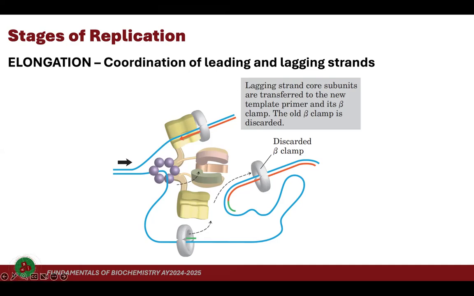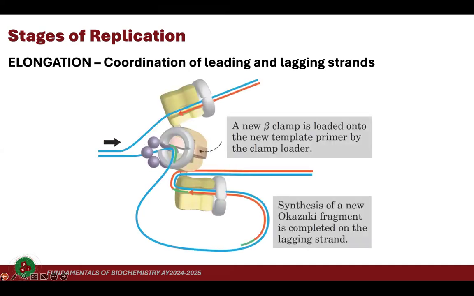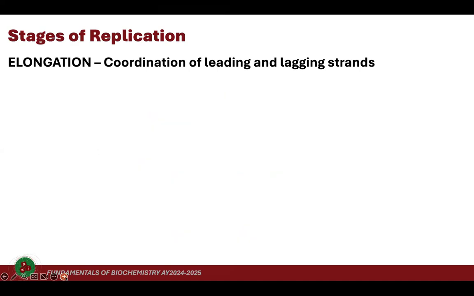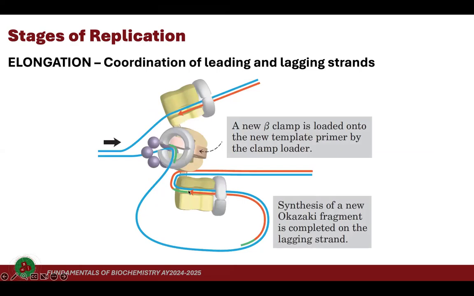Okay, so if you imagine, it's like you are pulling the template strand a bit backward with reference to the beta clamp here. It's pulling the lagging strand backward until it encounters the next Okazaki fragment.